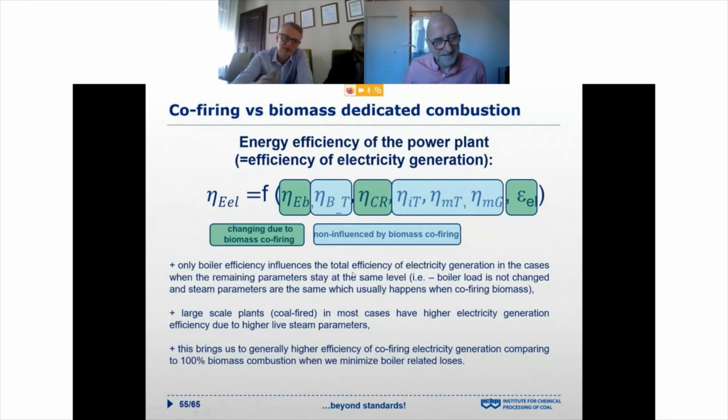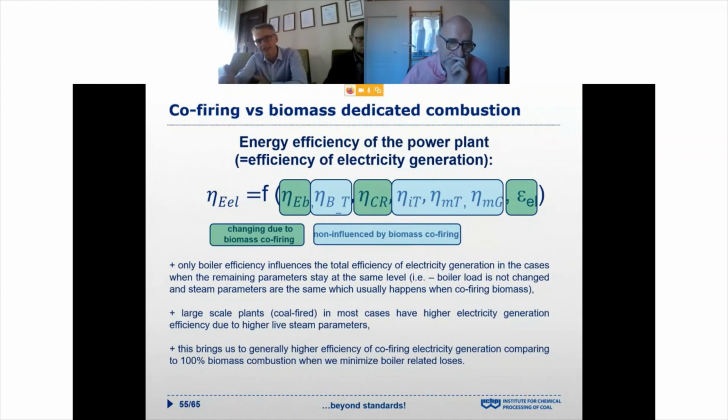And when you remember these graphs with the 15% of the biomass share in the combusted blend, there were different temperatures of the reheated steam, and in some cases we were not able to keep the expected level of the reheated steam temperature. And in this case, we should expect the lowering of the Clausius-Rankine efficiency of the whole cycle.